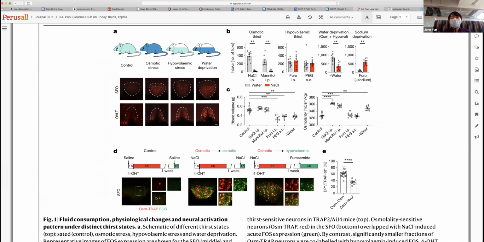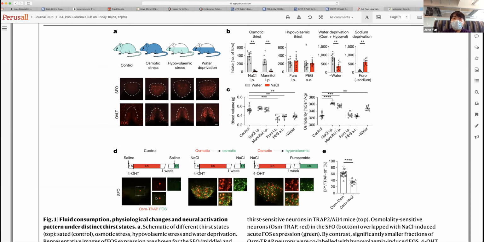Okay, so in the first panel A, they had 4 different groups. One was control. Another group was under osmotic stress by injecting hypertonic solutes. And then there's the hypovolemic group, where again it was injected with furosemide. And then lastly was the water deprived group.